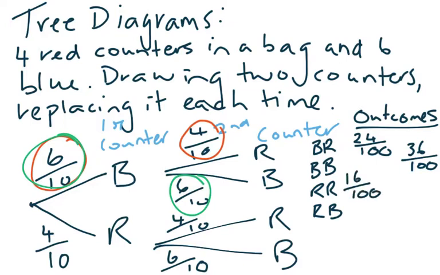And red-blue would be 24 over 100 again. Then you could be asked, what are the chances of getting two blues? You would say it would be a 36 out of 100 chance. Obviously, you could then simplify to 9 out of 25, but it's up to you how you present your answer. You can present it as a decimal, a fraction, or a percentage. If you do it as a fraction, it needs to be simplified. It is expected that by year 10 level you can do simplification of fractions without being asked.